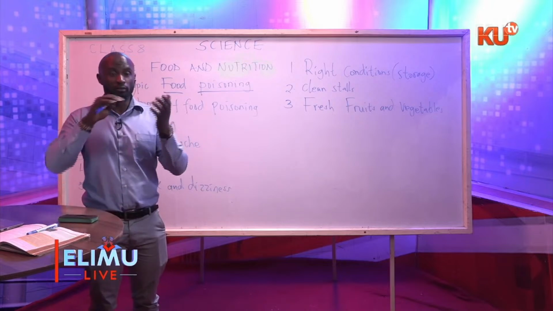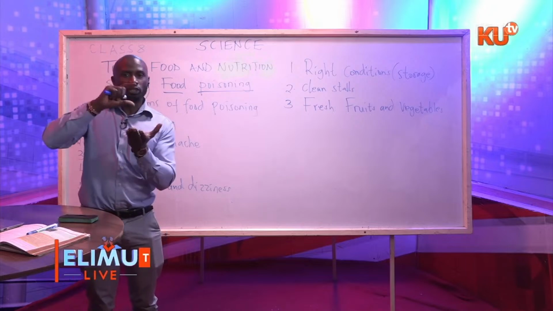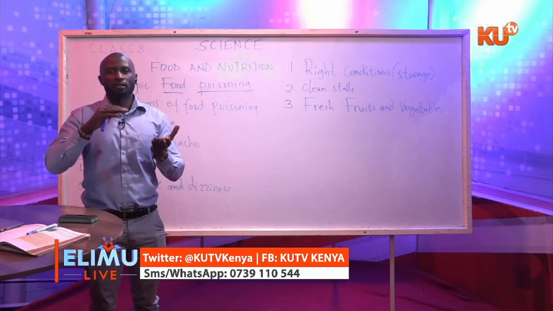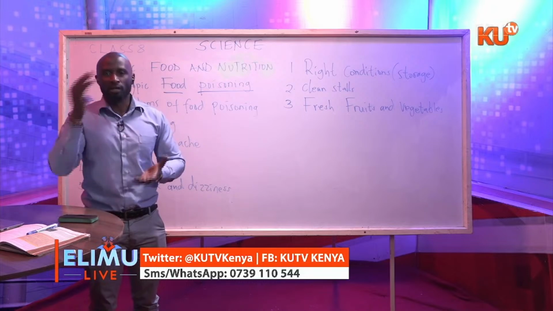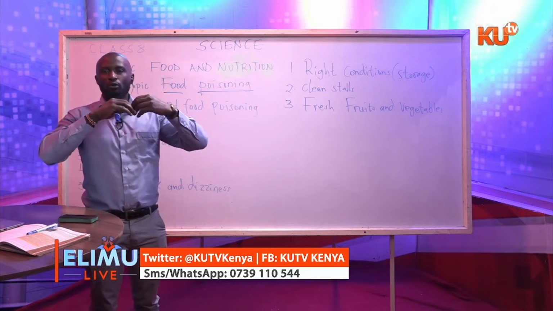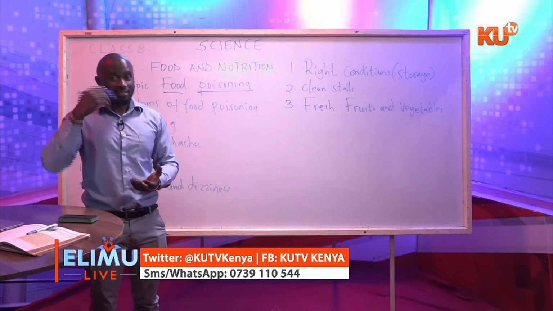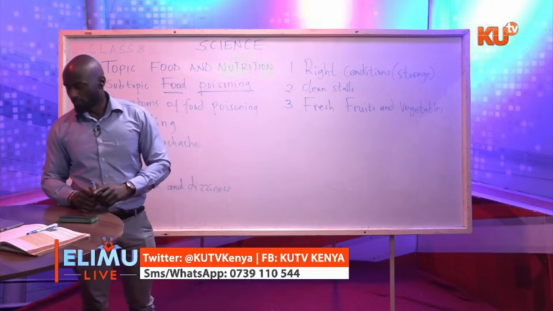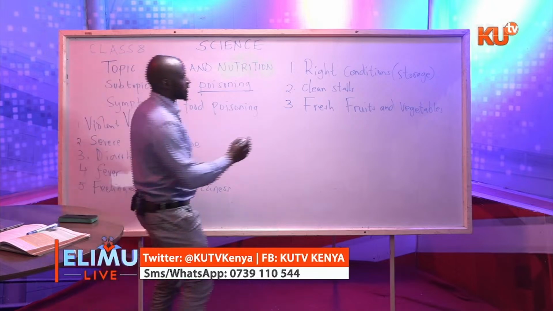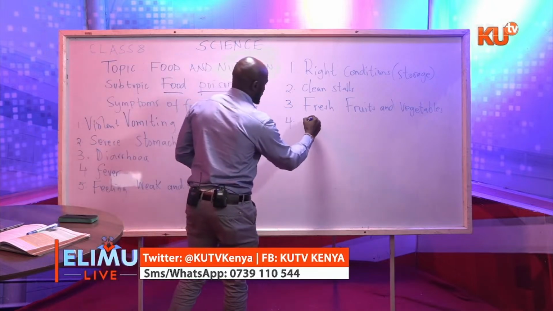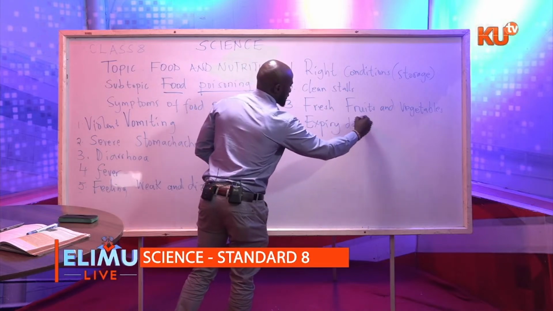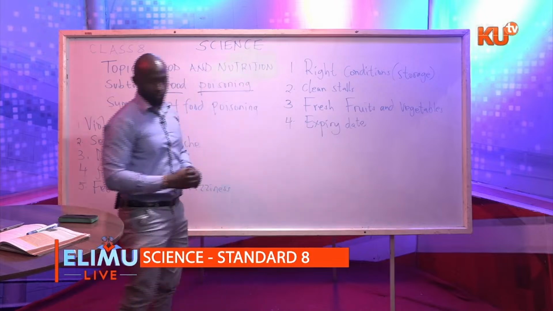Remember, especially the canned food, make sure you check the expiry date. If you happen to buy a canned meat, for instance, and it's expired, even if you put all the spices in the world, it will still lead to food poisoning because it has already expired. So check expiry date while purchasing food.